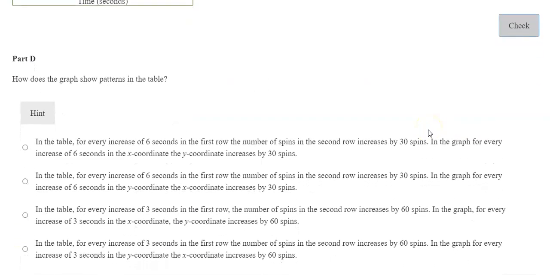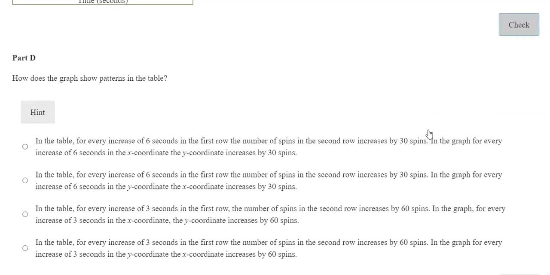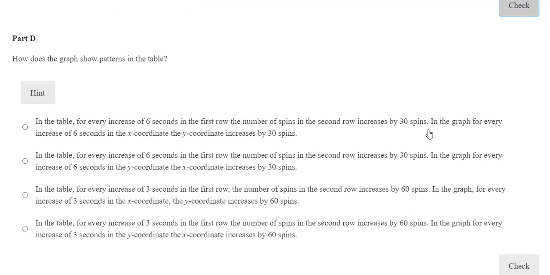And how does a graph show patterns in a table? So we're increasing 3 seconds each time because we go 3, 6, 9. So it's not 6 seconds, it's 3 seconds. So we take it down to one of these.